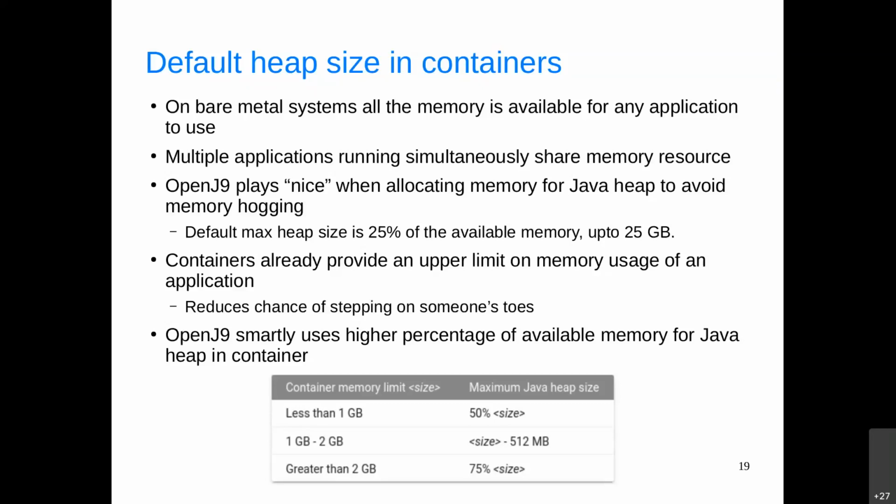Especially if you specify your container limit more than 2 GB, then OpenJ9 uses more than 75% of that memory for its heap. So this also improves the memory utilization and improves the density of applications in your system.